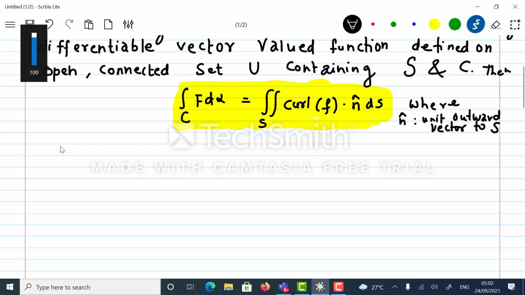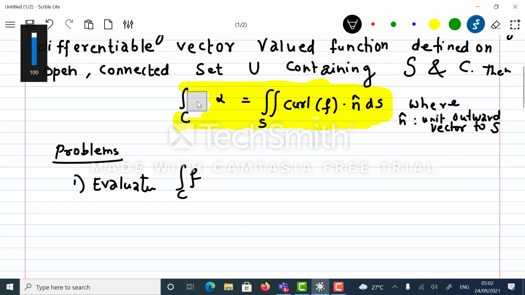Type 1 could be: evaluate the line integral of f, I think it should be small f, I have written small f, f dl. What does it mean?